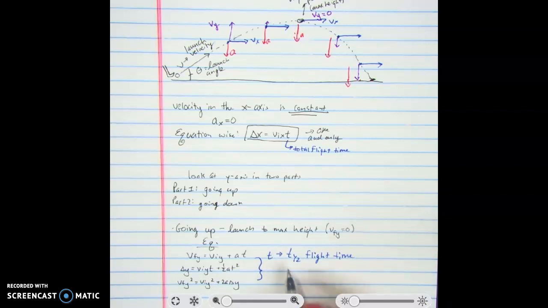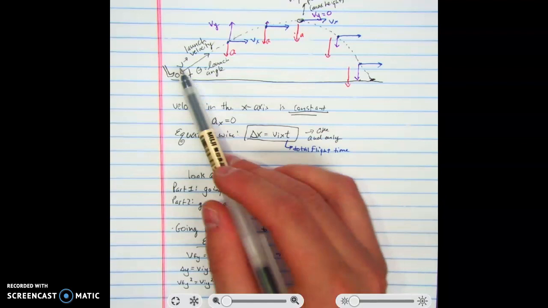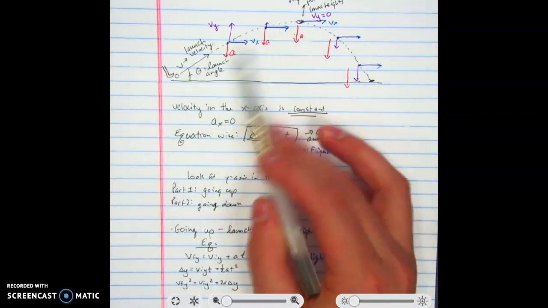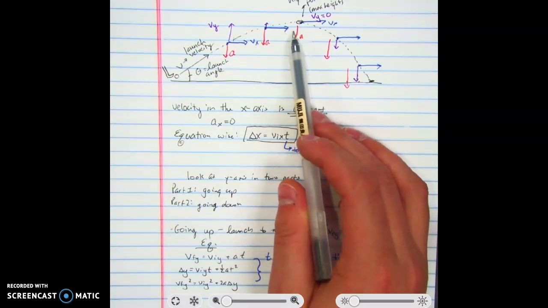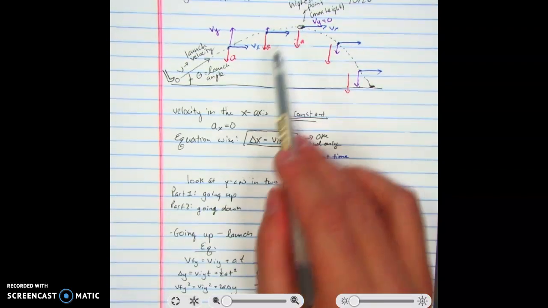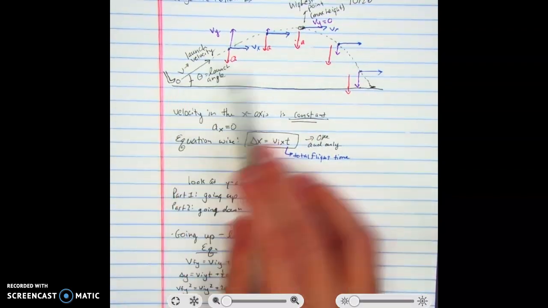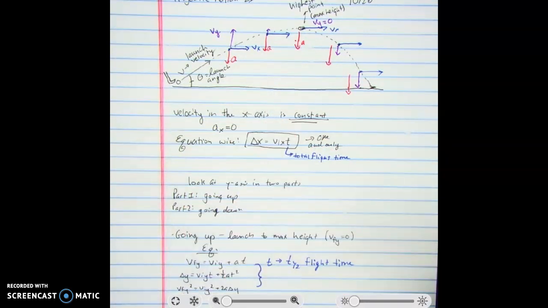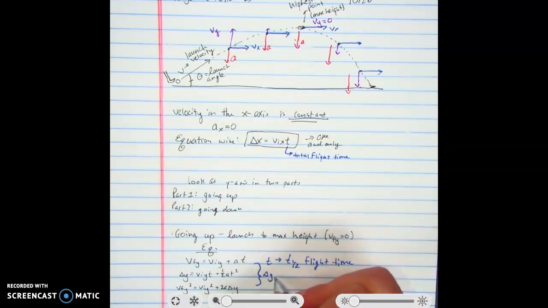I call it the T1 half. Basically stating that if we look at it from launch to the highest point, that is half of its flight. So therefore, if you double your half flight time, take it times 2, that gives you your total flight. So boom to boom, your half flight time. Okay? Delta Y gives max height.